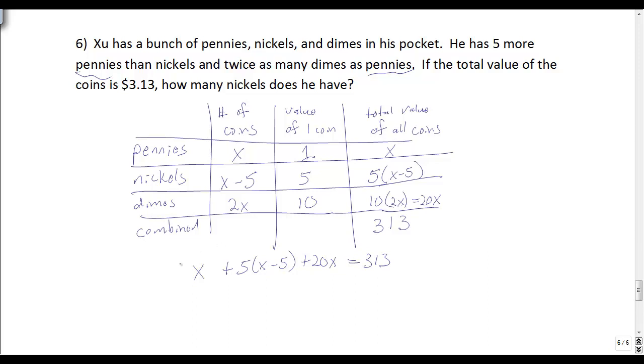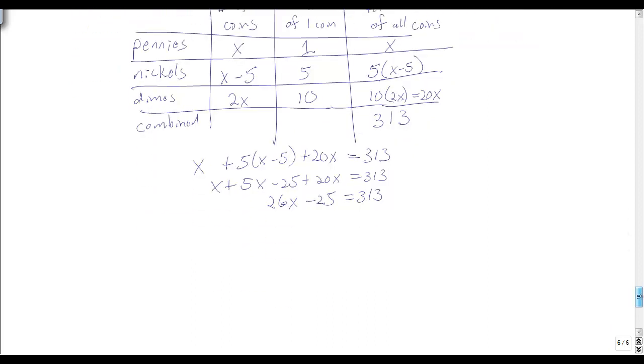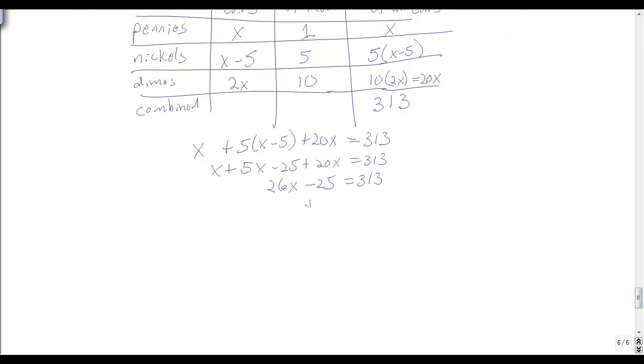I need to simplify the whole left-hand side, so I'm going to distribute the 5 first. 5 times x is 5x. 5 times negative 5 is negative 25. Then x plus 5x is 6x, plus 20x is 26x. I'm going to add 25 to both sides to isolate the 26x.